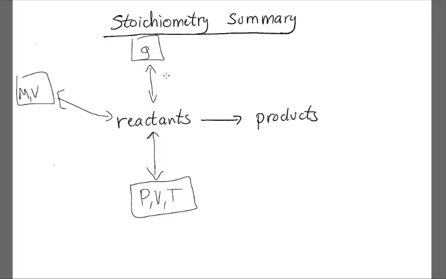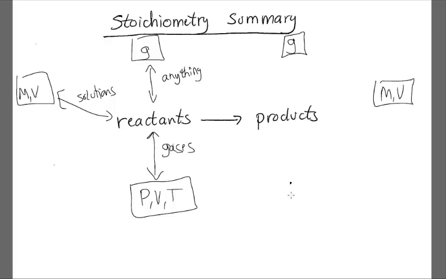So grams will refer to basically any form. You can have grams of gases, you can have grams of solids, you can have grams of anything. Molarity times volume will only be used for solutions, and PV and T will only be used when the substance in question is in a gas form. And then you have products, and you can express products in the same three things: molarity times volume, grams, or pressures, volumes, and temperatures.